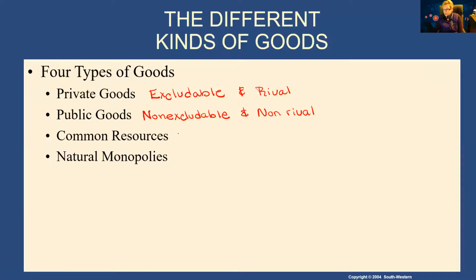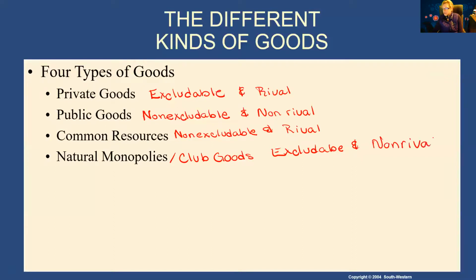Common resources are non-excludable, but they're rival in consumption. Natural monopolies or club goods, we use that term in here too, are excludable. You have to pay for it. And non-rival.